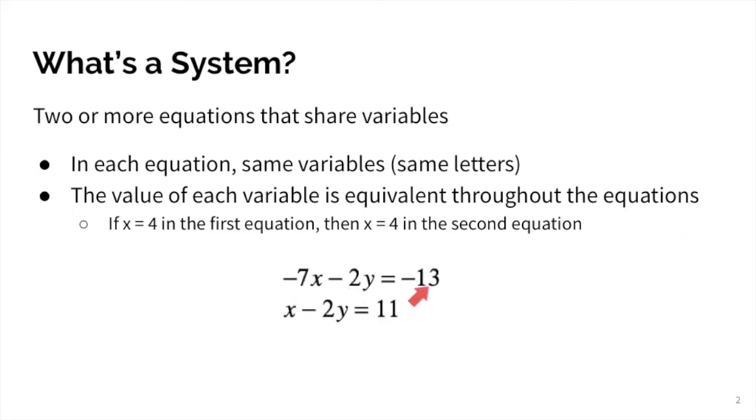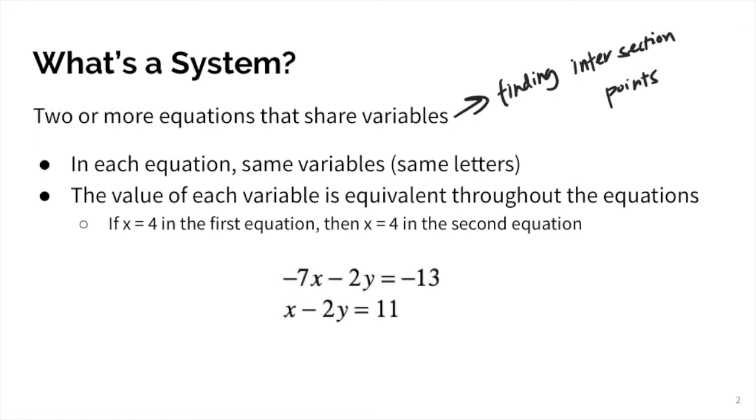So let's say that in this first equation x equals 4, in your second equation x would also equal 4, right? And so whenever we're solving systems, this is really, whoops, I should probably do it in a color that we can see. This is just finding intersection points. Right?